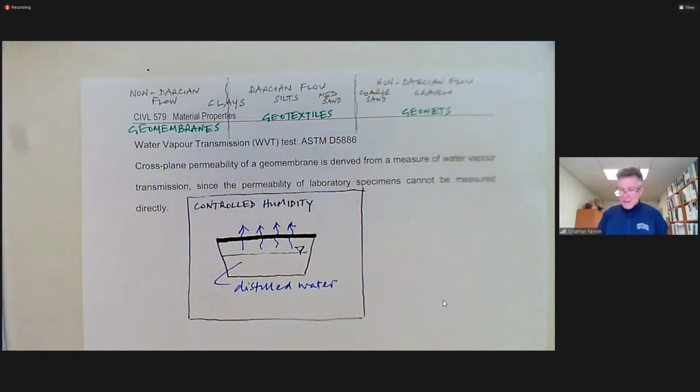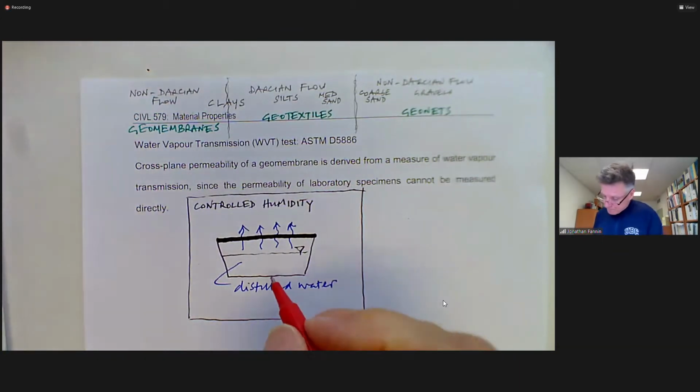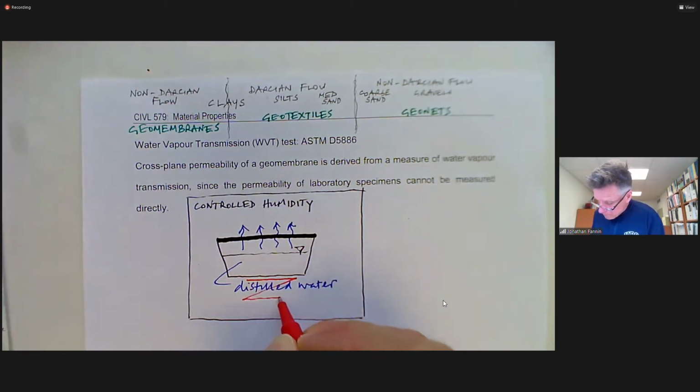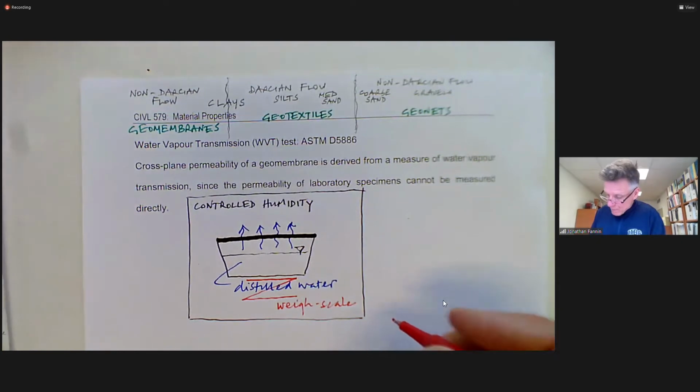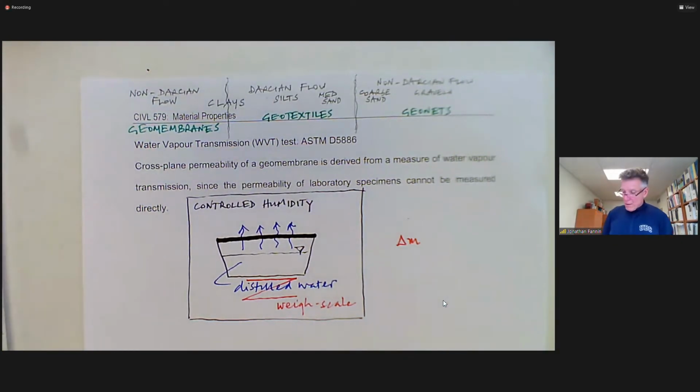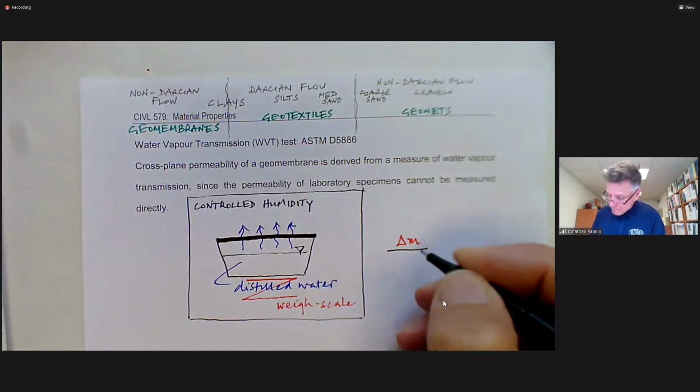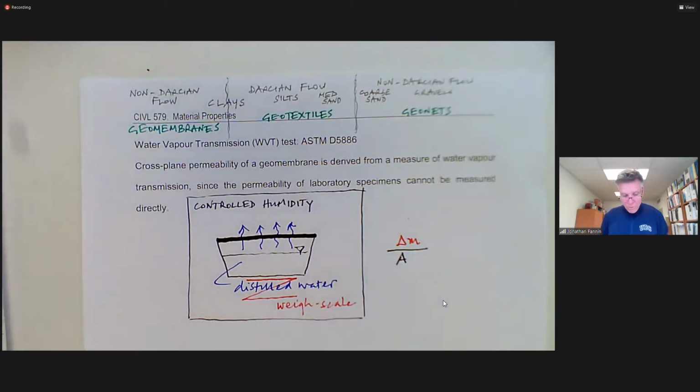So I'm now going to have a flux, and I can measure the flux if I place the system on a scale. Then I can look at the change in mass that's occurring across the cross-sectional area over a period of time.